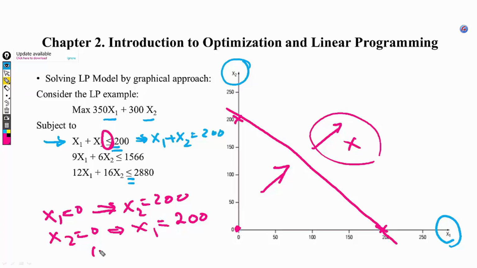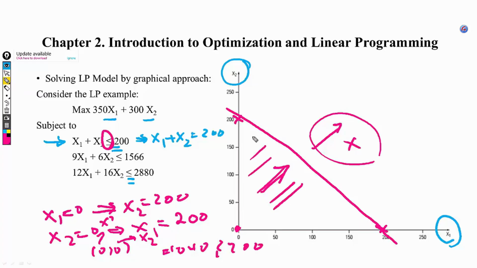But if we put 0 and 0, that means x1 is 0, x2 is 0, 0 plus 0 is less than 200. It means this area is represented by this constraint.